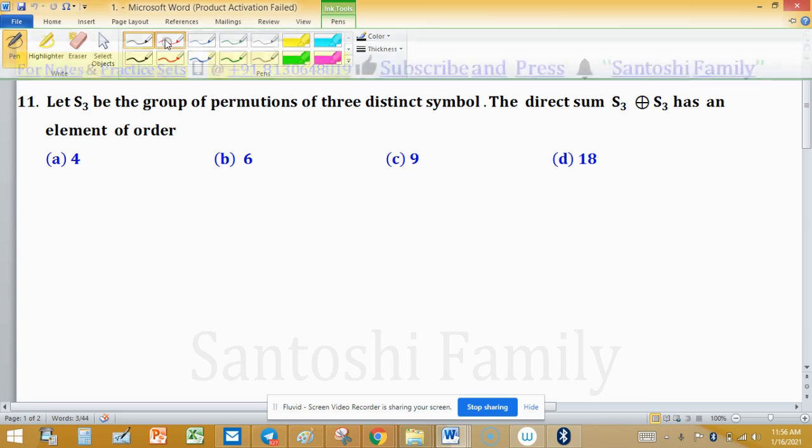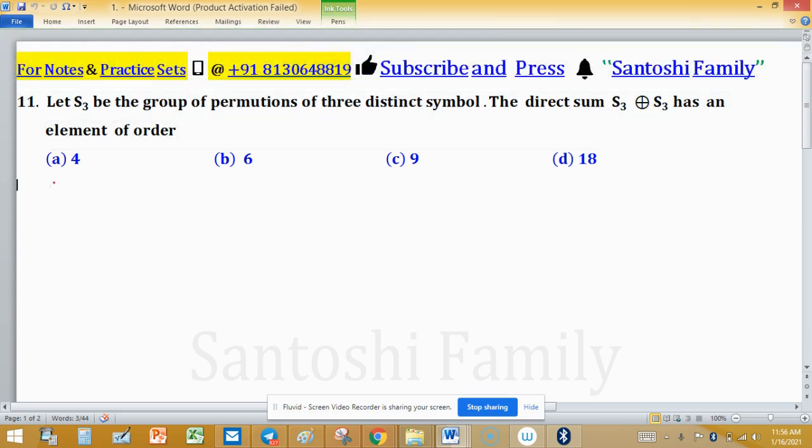A useful theorem will help you to find the possible order of an element in a direct sum.